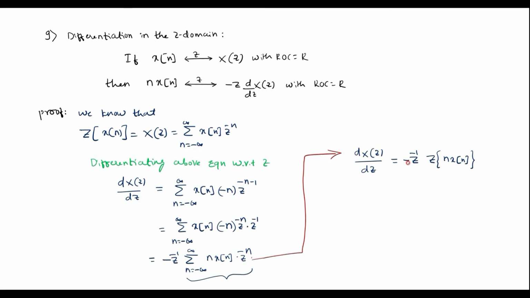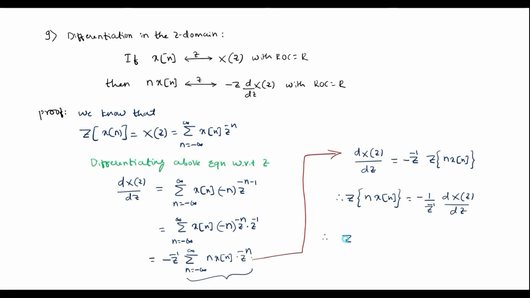So now I will take this minus z inverse to the left hand side. Therefore I can write the z transform of n x of n is equal to, taking this z inverse to the left side, minus z times differentiation of x of z with respect to z.